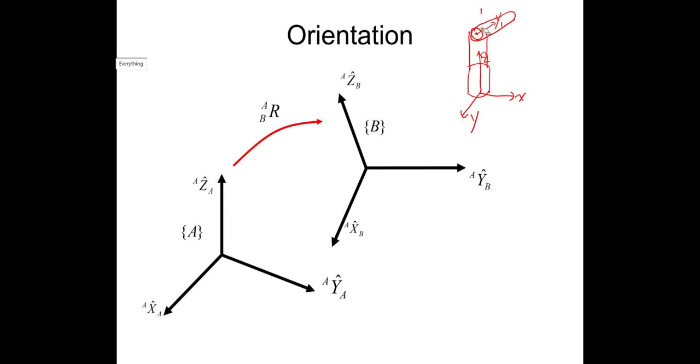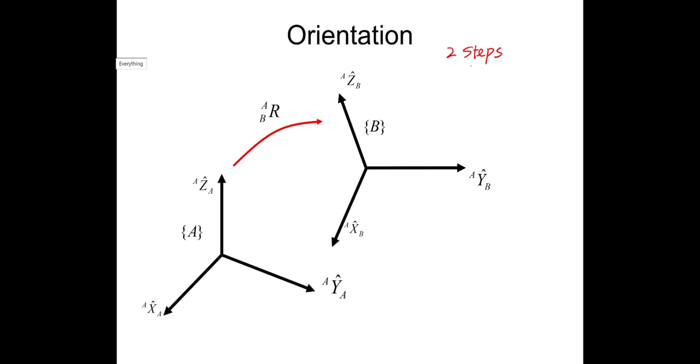Now let me erase this, and we just focus on the math. Now we have an A-frame, and we also have a B-frame. B-frame is another frame. If we want to use the A-frame to achieve the B-frame, how are we going to do that? We need to do two steps.